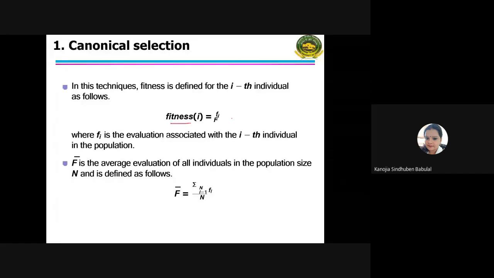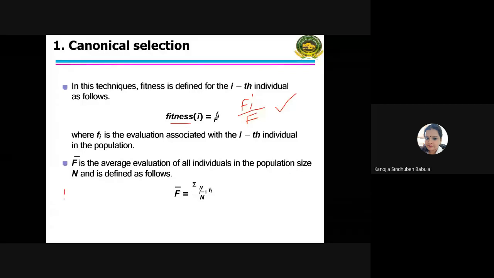Fitness of i is equal to fi upon f bar. Using this, we are calculating the fitness score for every individual solution that we have. And this f bar is the average evaluation of all the individuals in the population of size N.